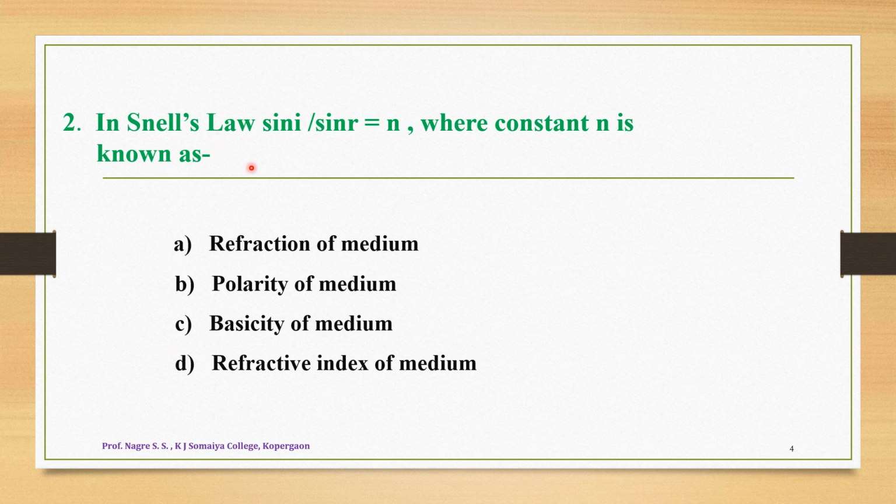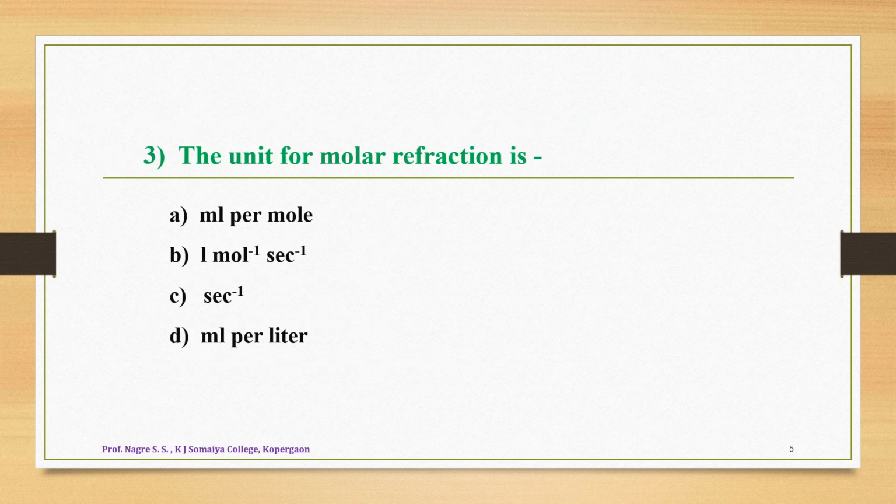If we look towards the Snell's law, it is very much clear to us that the ratio of the sine of angle of incidence to that of the angle of refraction is a constant, and that is a property of a particular substance, the unique property of a substance, which is nothing but its refractive index of the medium. So the answer for this particular question is option D, that is it is called as refractive index of the medium. Let's look towards the question number 3.